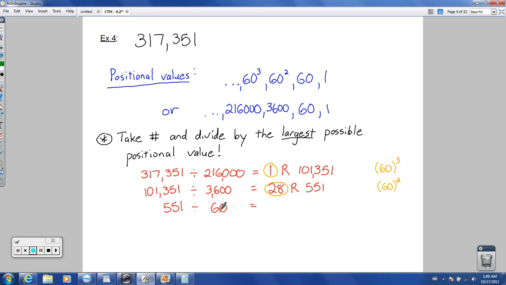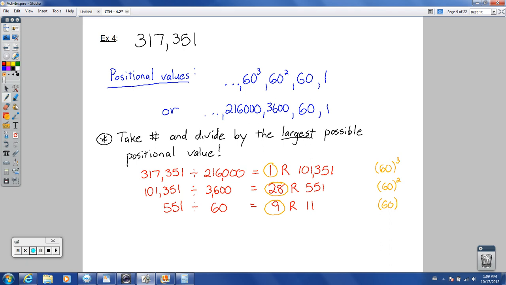Well, I know that 9 times 60 would be 540, so I won't use my calculator on this one. So I'll have 9 times 60 is 540, and I would have 11 left over. You could use your calculator if that didn't come to you, but I just noticed that would be the case, and so I've got a remainder of 11 now.